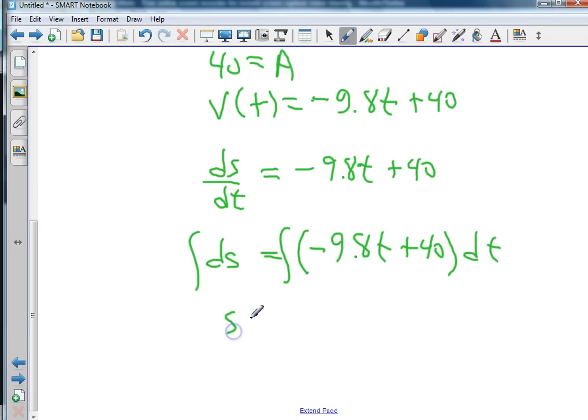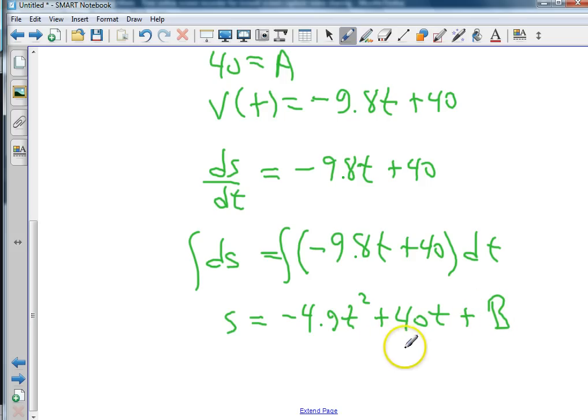And you get S is negative 4.9 t squared plus 40t plus, I used A, so I'm going to use B just to make the point that it doesn't have to be the same, right?